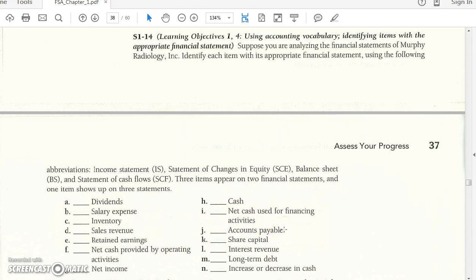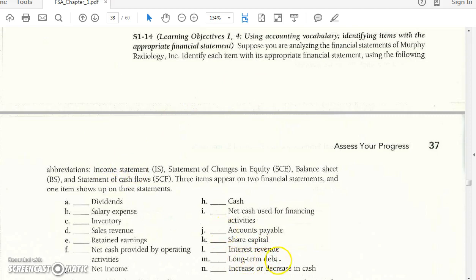Accounts payable. What is an accounts payable? Accounts payable is something that appears on the balance sheet as a liability. Great. Share capital. Something that is under the balance sheet. Very good. Interest revenue. Again, this is a revenue and it shows up under the income statement.